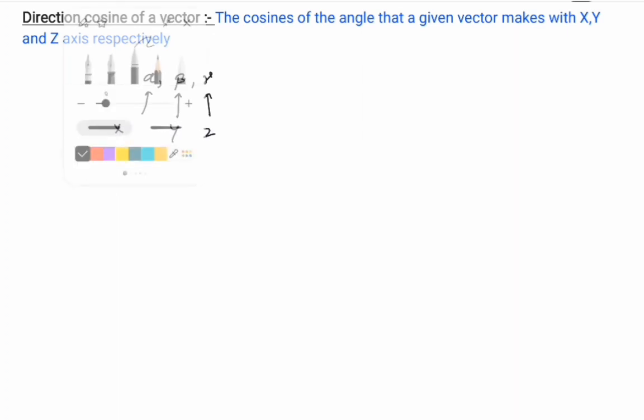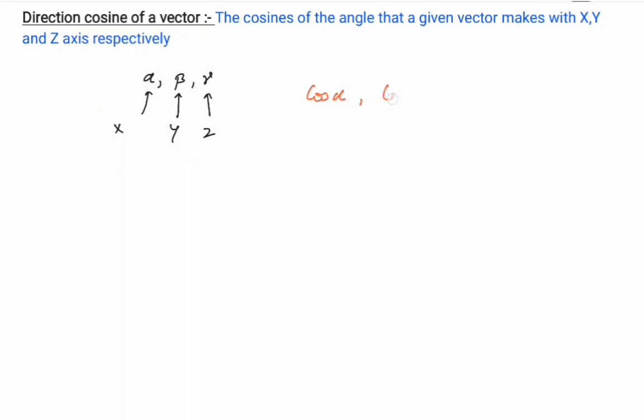Then simply the direction cosines will be known as cos of alpha, cos of beta, cos of gamma. These are known as direction cosines of the given vector.